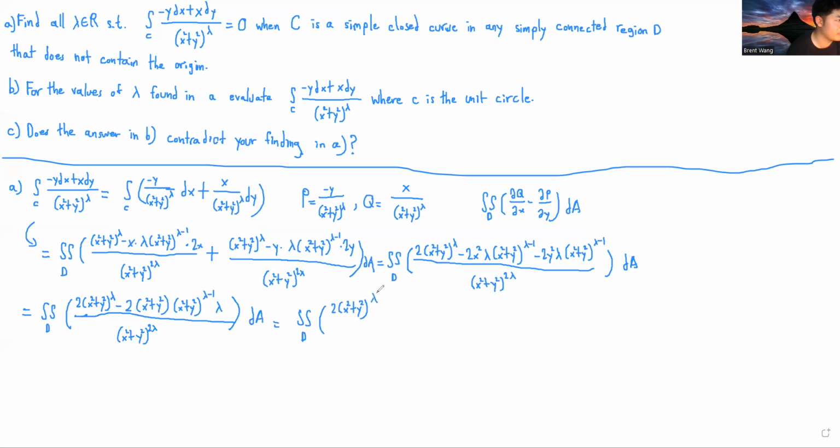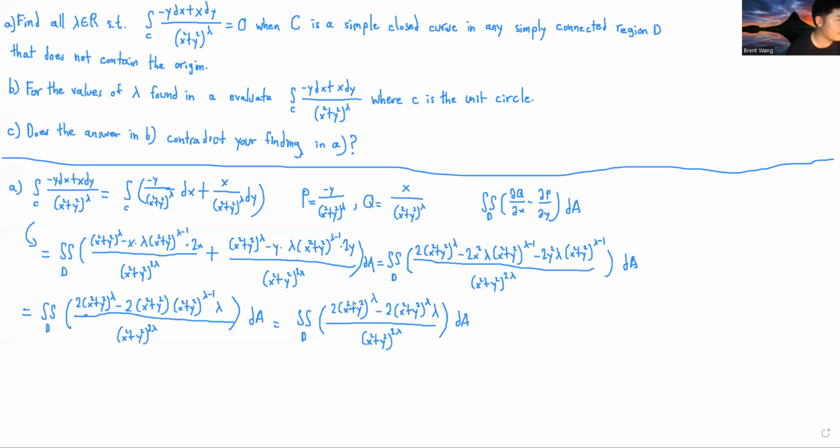I'm really sorry, but cut it later into the video if you want to skip all of this simplification. 2, this is just x squared plus y squared to the power of lambda. Lambda times lambda divided by x squared plus y squared to the power of 2 lambda dA.